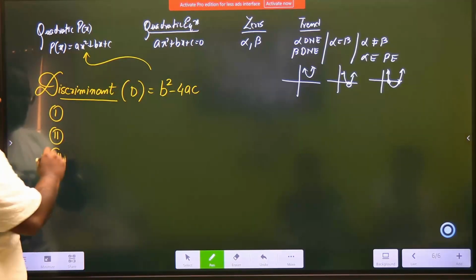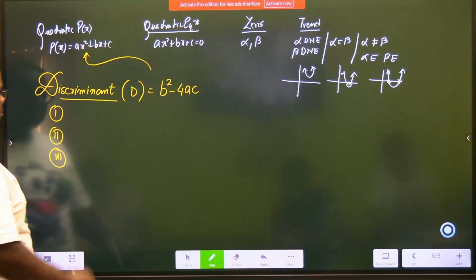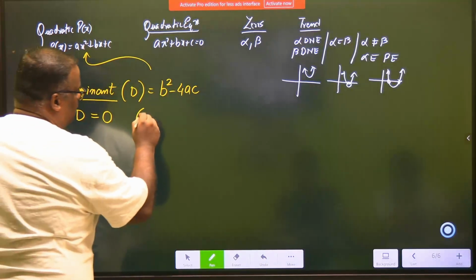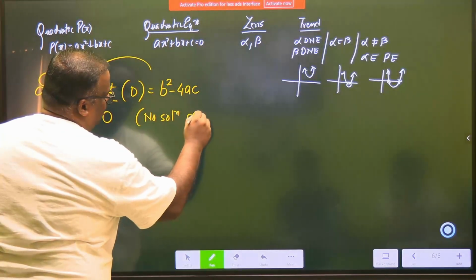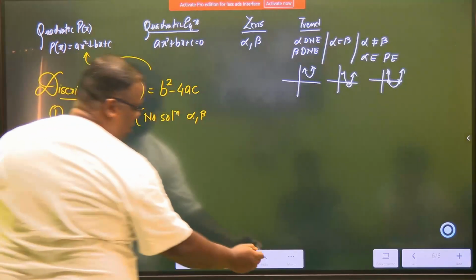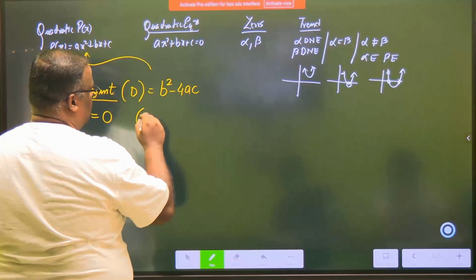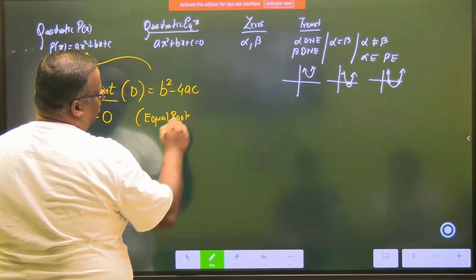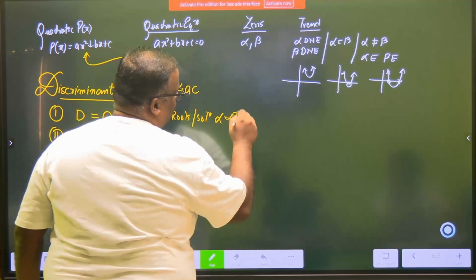If you calculate the discriminant, you can straight away comment what the nature of the roots will be. Discriminant equal to 0 means equal roots or equal solution. Means you will get an alpha which will be equal to beta.